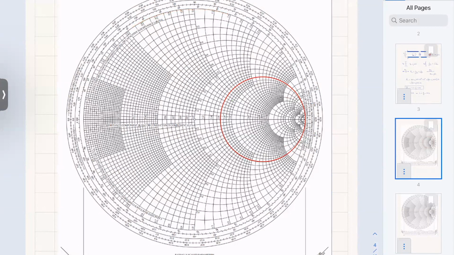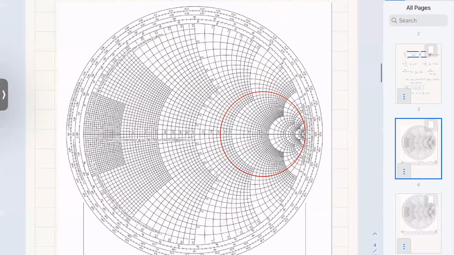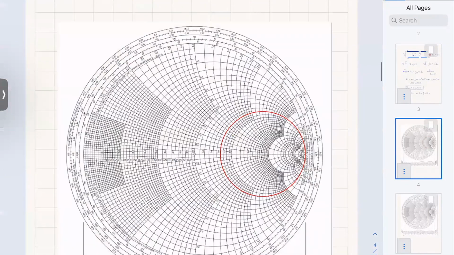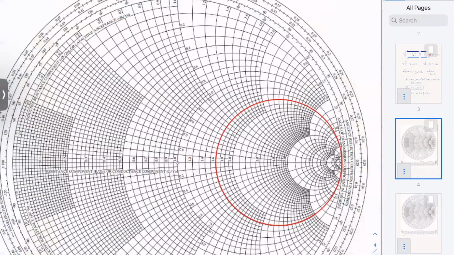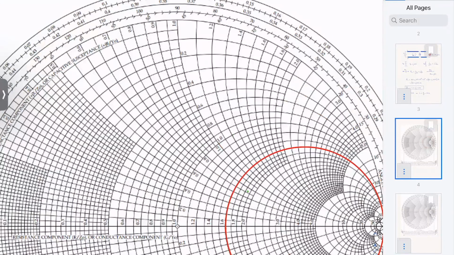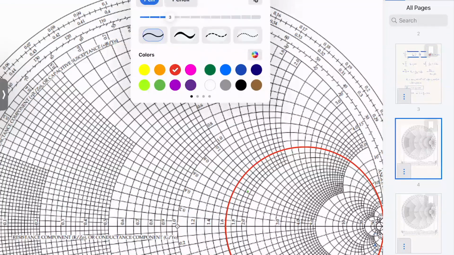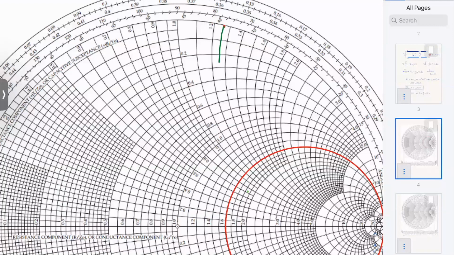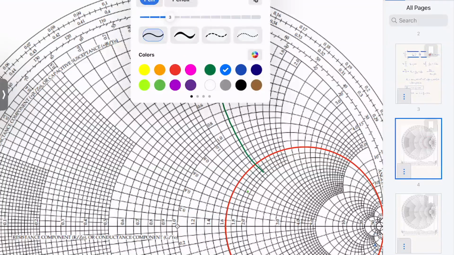So 1.2 is here. 1.3 is here. So 1.26 is going to be somewhere here. Okay, and therefore I'm writing this. All right, and where it intersects is my point.